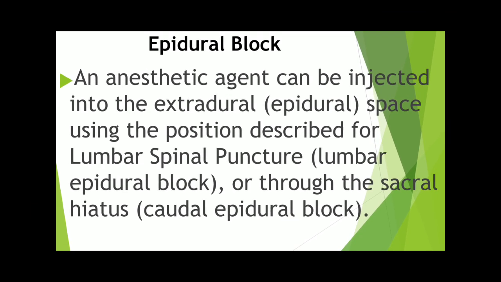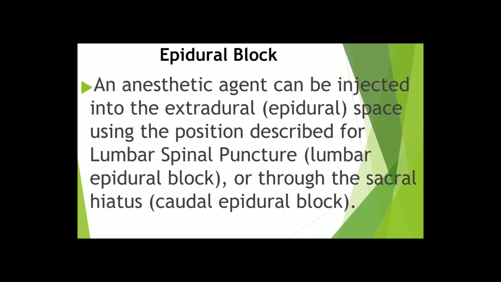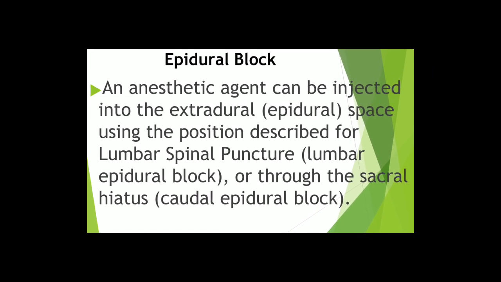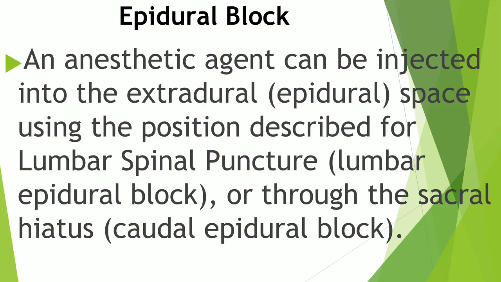You could use that position if you're doing a lumbar epidural block. If it's a lumbar epidural block you are doing, you're going to insert your needle just the way you did when you were doing a lumbar spinal puncture.